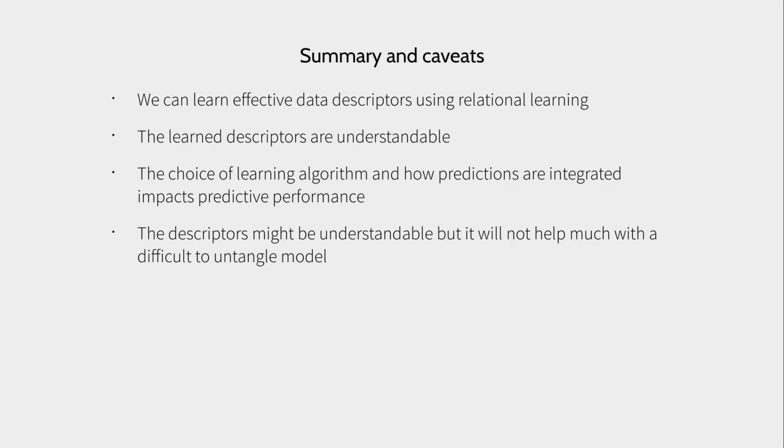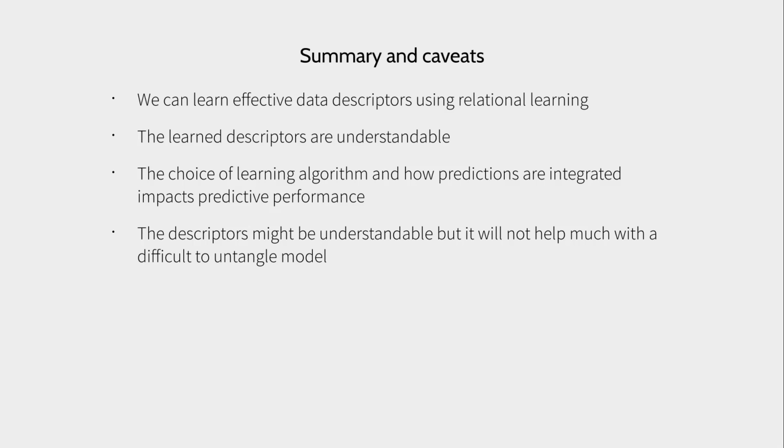The third point is that the choice of learning algorithm and how the predictions are integrated impacts the predictive performance, and one will have to choose this on a per learner basis or per dataset basis.